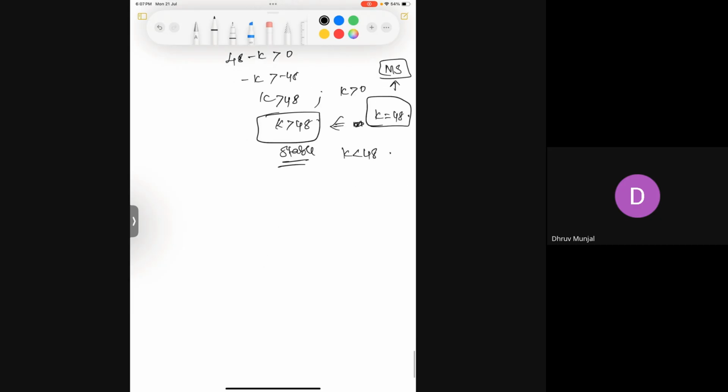Now we are going to plot where the root locus crosses the imaginary axis.